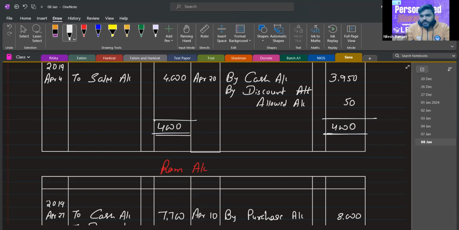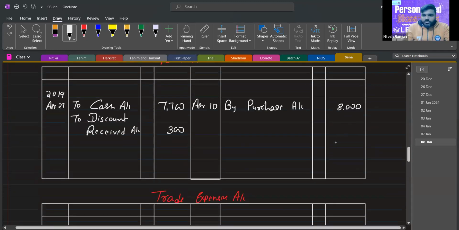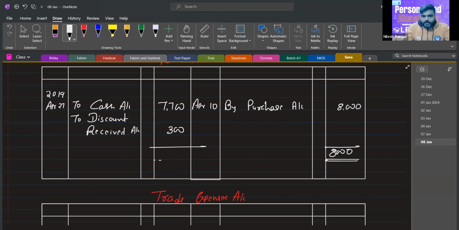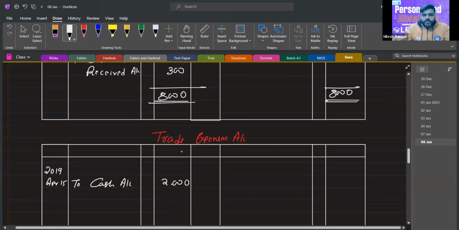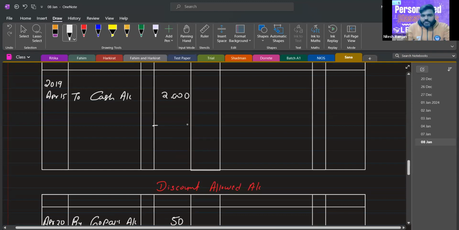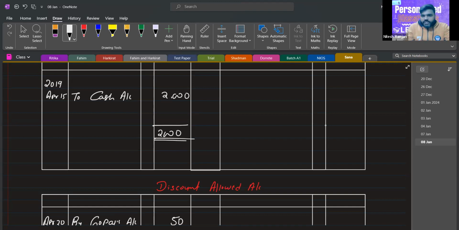Again, Ram's account, both side total is 8,000, so there will be no balance. In trade expenses, balance is always on the debit side. So 2,000, and here it will be by balance CD.